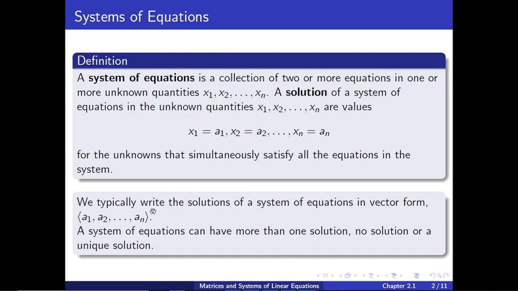And we typically write these kinds of solutions of a system of equations in vector form. So we write it as a vector a1 up to an, and note that this vector is a solution to the system of equations. It's just one solution.